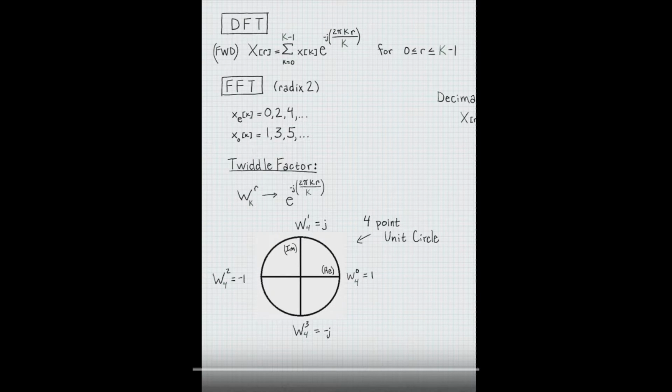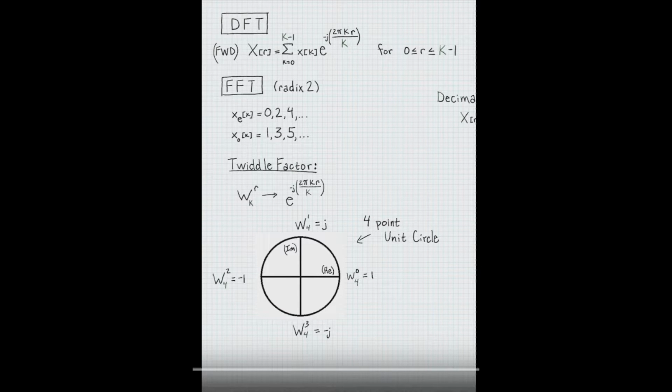The r is related to the DFT sample number you want to take, as if you wanted to take the 5th sample of your DFT. That would be the r in this case. So you'll notice our summation goes from 0 all the way up to k minus 1. In all of our videos, this k will be denoted with a green k.